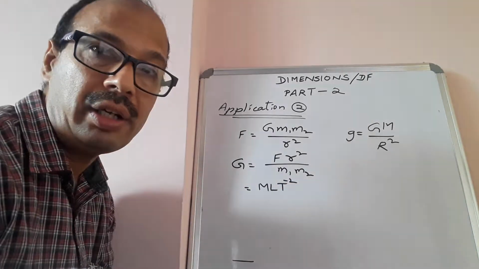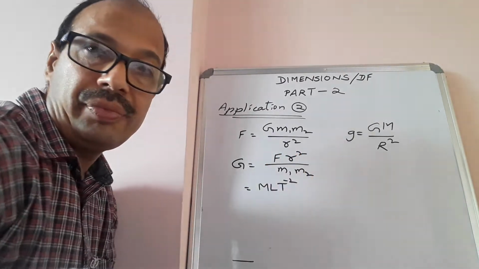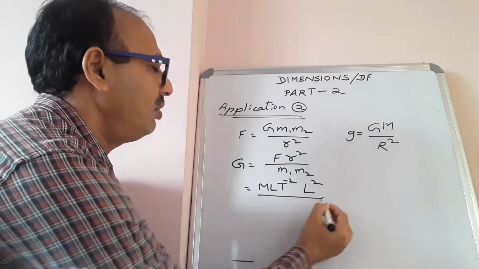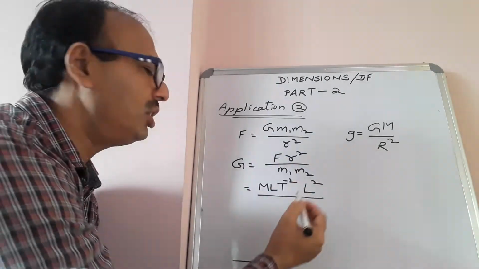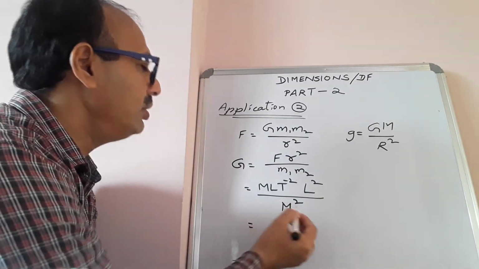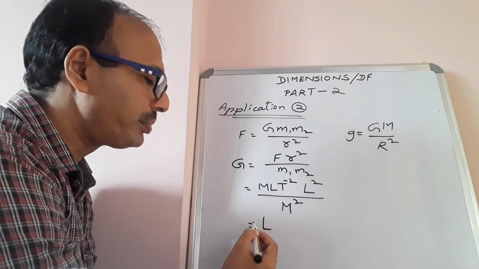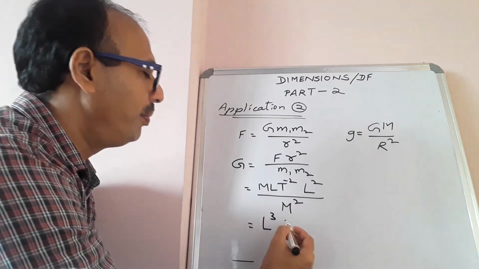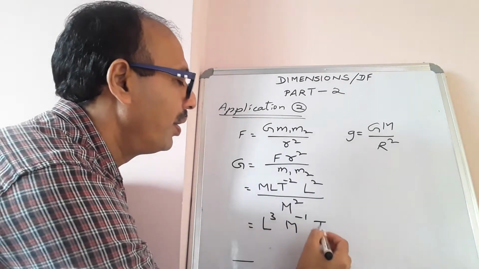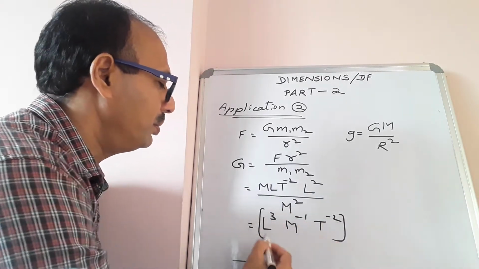Now if you write down the dimension formulas of all these: dimension formula of force is M L T power minus 2, distance r is length, so L square, m is mass, so mass into mass, m square. So as a whole we will get L cube M power minus 1 T power minus 2.